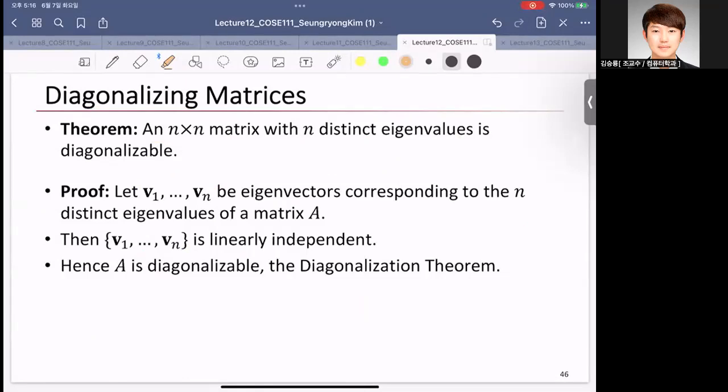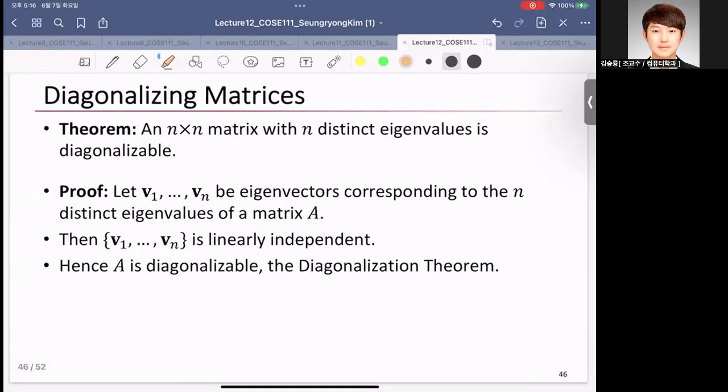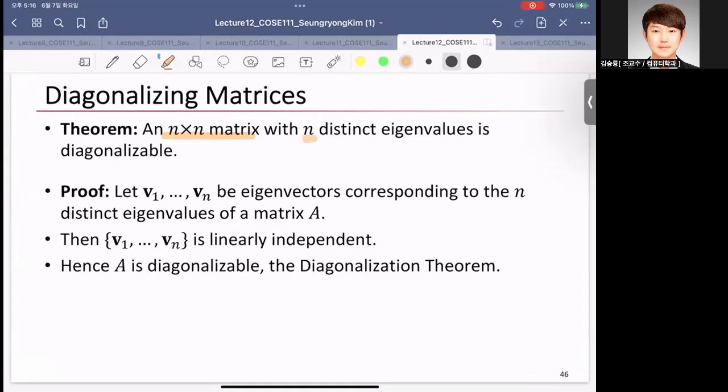Okay. So here's one more theorem. An n by n matrix with n distinct eigenvalues is diagonalizable. Again, if matrix A has n distinct eigenvalues, then it is diagonalizable. The proof of this theorem is very, very simple.